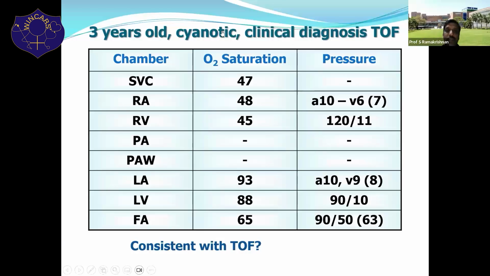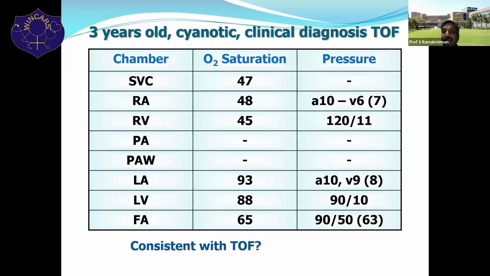So what is the important thing here? Very good. Ananya says this is Hoffman variant. What is Hoffman variant? Tetralogy with VSD is always unrestrictive, so the RV pressure has to be the same as the LV pressure. The moment a restrictive VSD happens, there is heart failure. What is the evidence for heart failure here? Look at the A wave: A wave of RA of 10, and the RA pressure is 7.